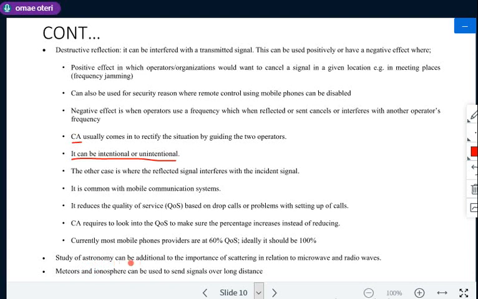We use all of them, the electromagnetic spectrum, all the way from gamma rays up to radio waves. They can be used in the study of planets, and you also have the study of stars out there. So this is what I mentioned about the meteors and the ionosphere, which can be used to transmit signals over long distances. And I think that works for scattering.